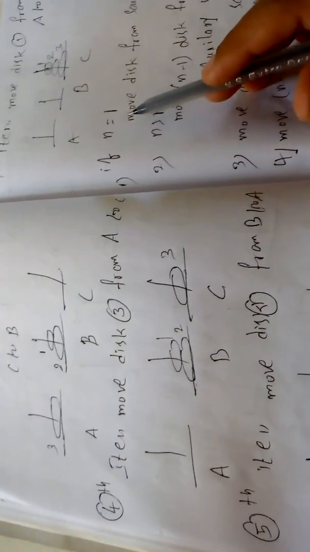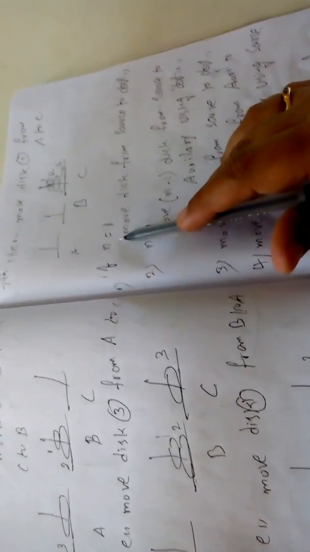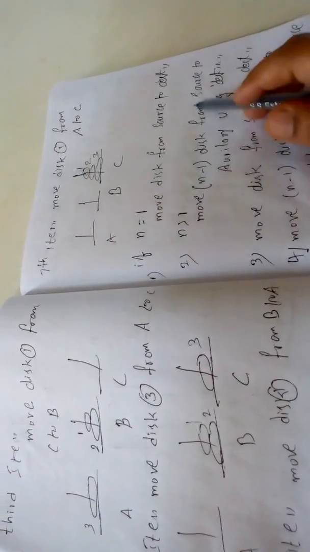Now, what is the first condition? What do we consider in the algorithm? If n equals 1, what happens? We'll transfer the disk from source to destination directly. So if n equals 1, directly printf "move disk %d from %c to %c". %d gives the value.